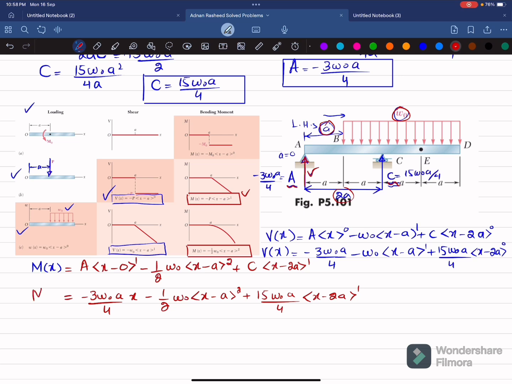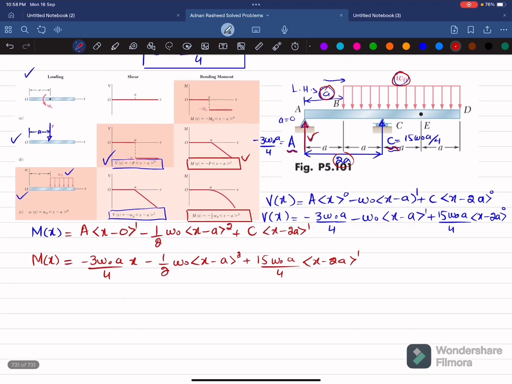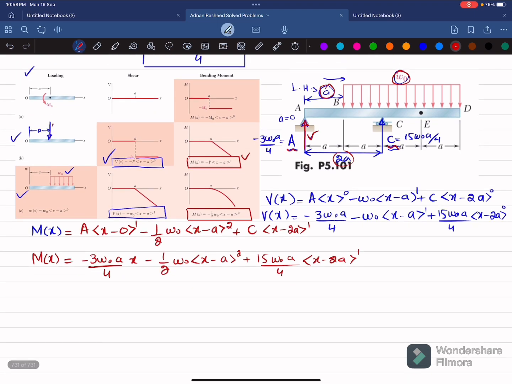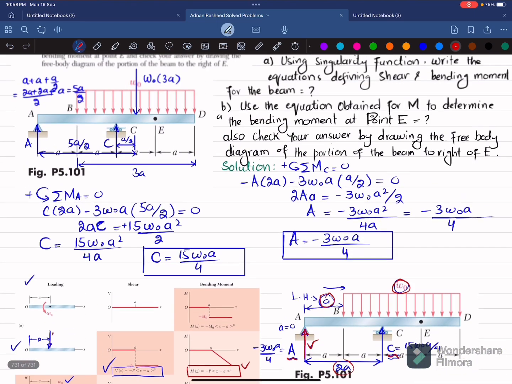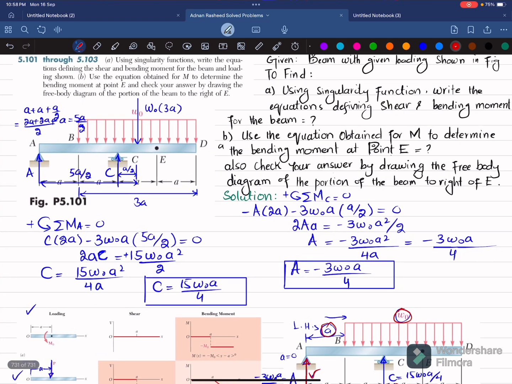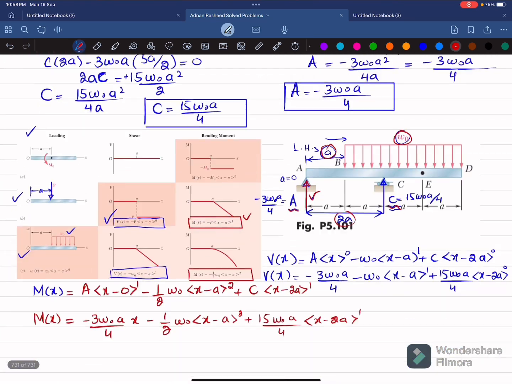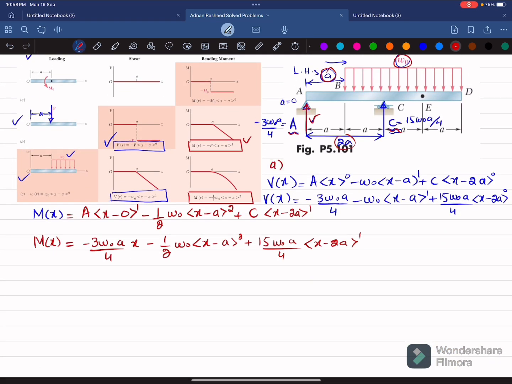And that is the required bending moment equation for the beam. Clear? Now we have solved our part first, which was part A. Using singularity function we have found the shear force equation as well as the bending moment equation.